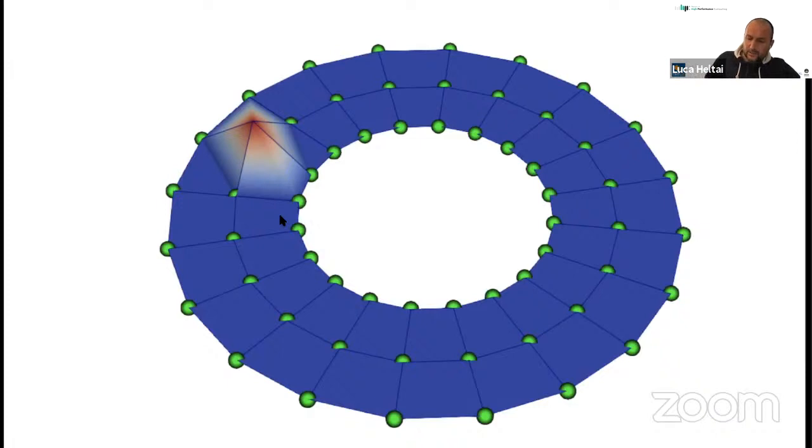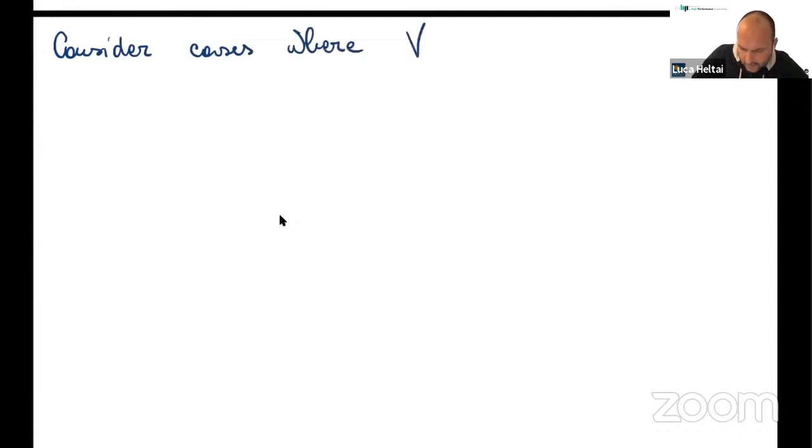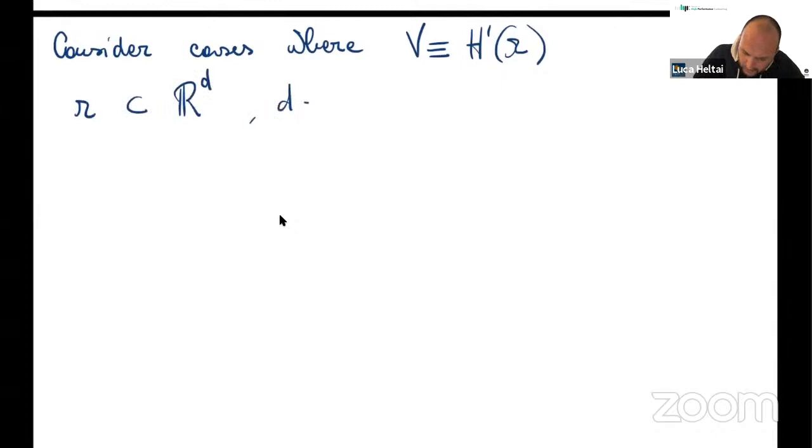In particular, we are going to restrict ourselves to the space capital V, which is the space H1. So we are going to consider the case where V is H1 of omega, and omega is included in R^d with d equal to 1, 2, or 3.